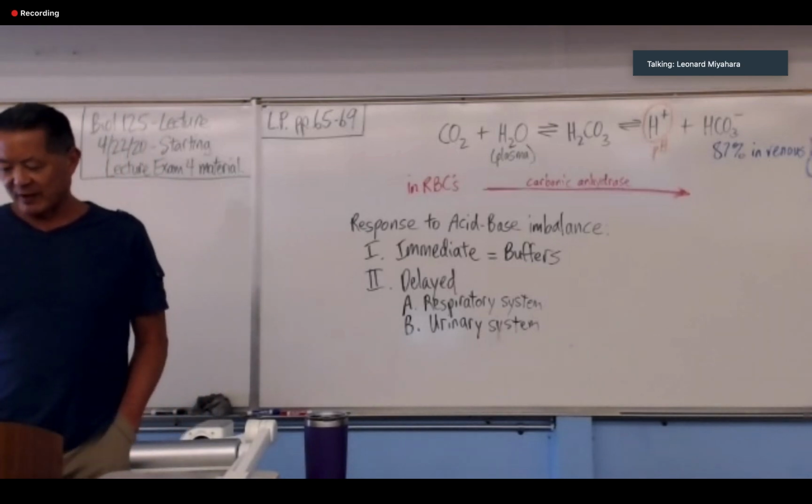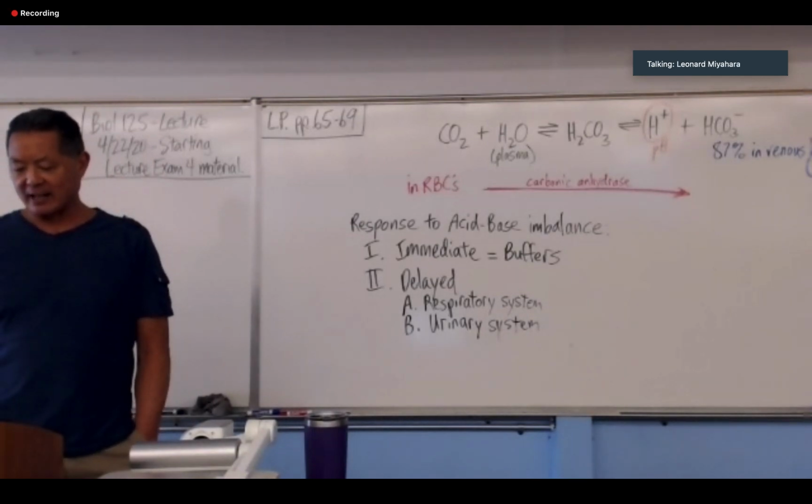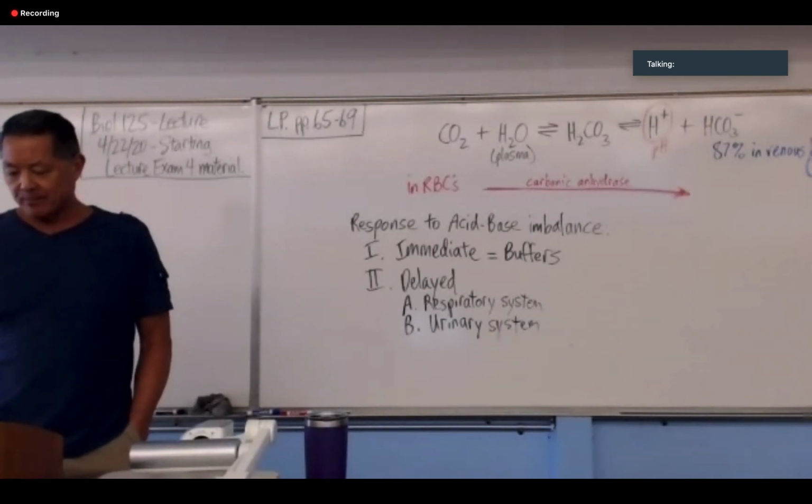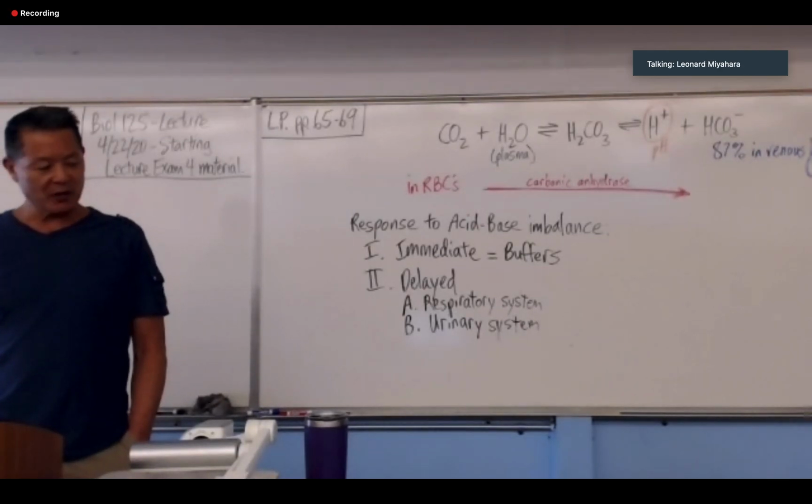And then you just finish up with figures from your textbook showing you again this ion exchange. On slide 67, this is on the left side of the tubule cell, and the sodium is exchanging for a hydrogen ion, which is acid.